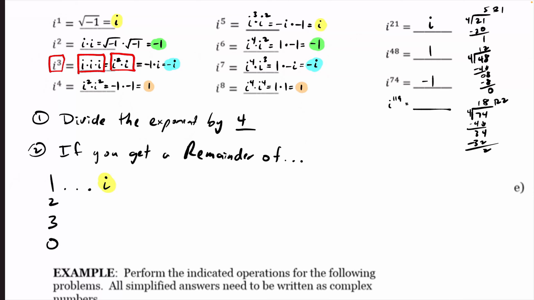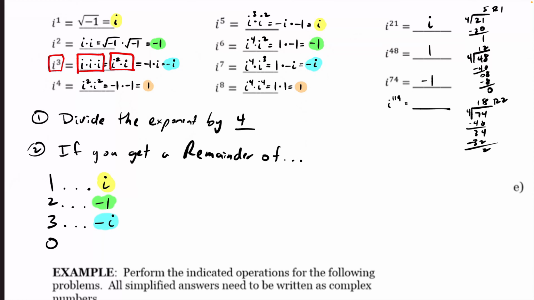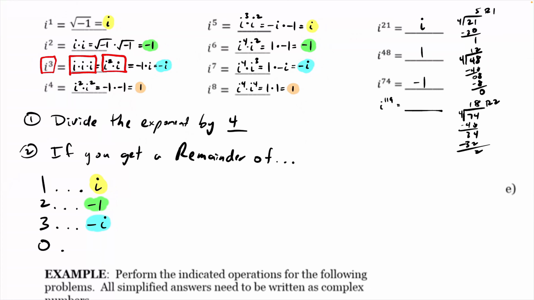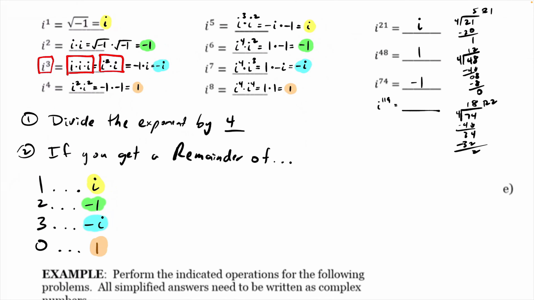What did we get if we got a remainder of 2? Negative 1. What did we get if we got a remainder of 3? Negative i. And what did we get if we got 0 remainder? 1. Now I want you to test this hypothesis, test this rule with 119. What should 119 be?